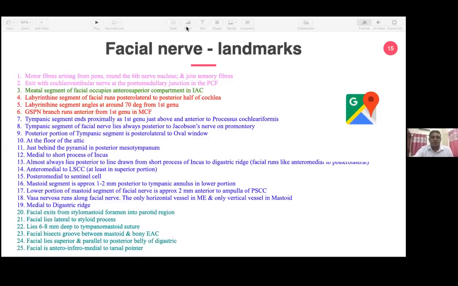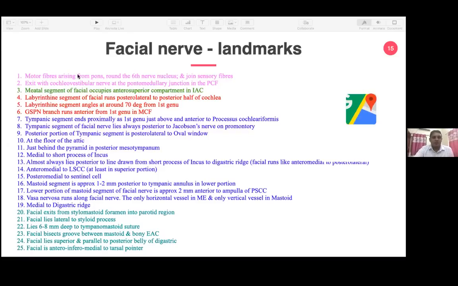So the only horizontally running blood vessel in the middle ear is over the facial nerve. The vertical blood vessel running in the mastoid air cell system is also over the facial nerve. This can also be a landmark in tympanomastoid surgery.